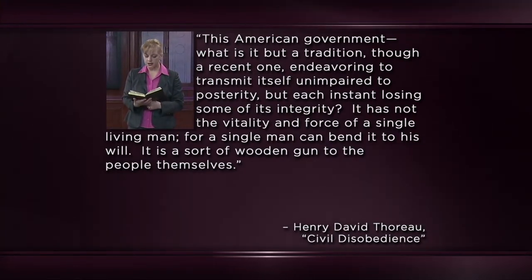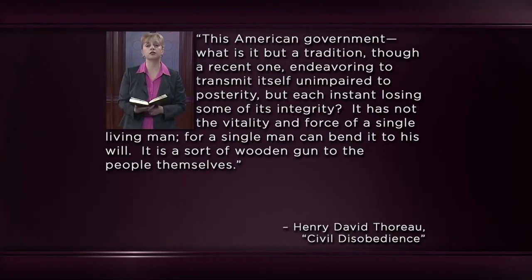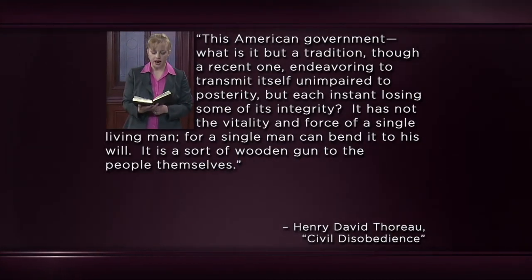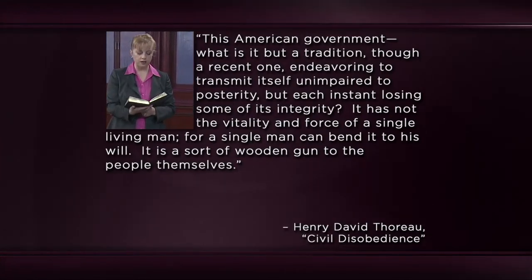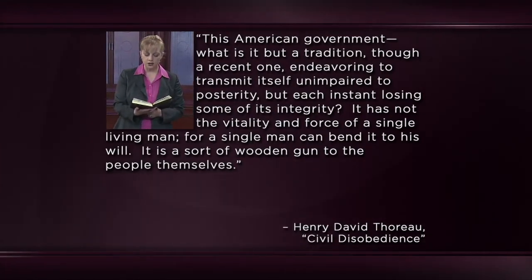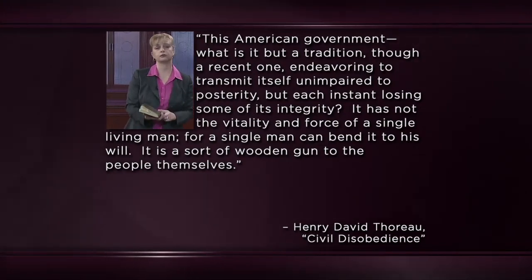Endeavoring to transmit itself unimpaired to posterity, but each instant losing some of its integrity. It has not the vitality and force of a single living man, for a single man can bend it to his will. It is a sort of wooden gun to the people themselves."